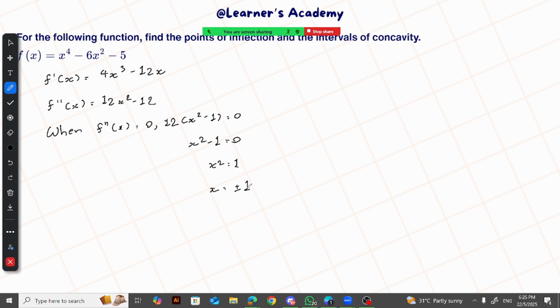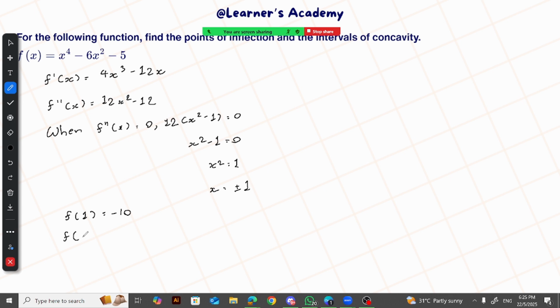If you want to find the y value as well, you can substitute it into the original function and you will get both coordinates of the point of inflection. I'll do it right now. So f of 1 equals minus 6 minus 5, negative 10.